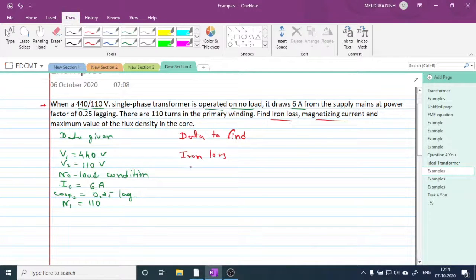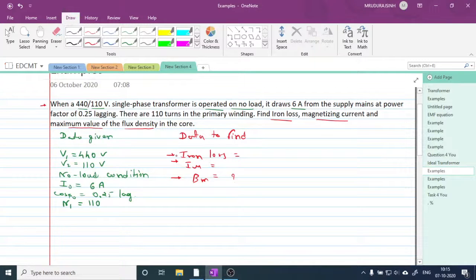We denote magnetizing current by I mu, and the maximum value of flux density in the core, right? So we need to find the maximum value of flux density in the core. So flux density is Bm. So these three things we need to find.